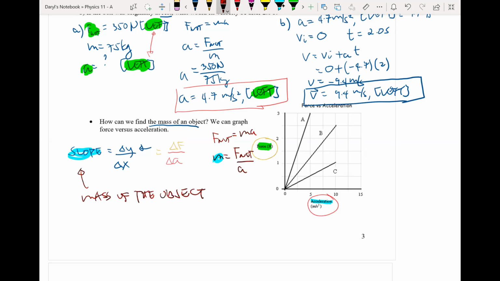The mass of the object is the slope of a force versus acceleration graph. So this is an F versus A graph.